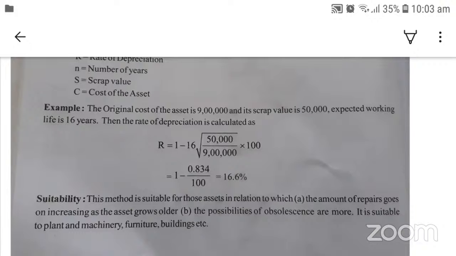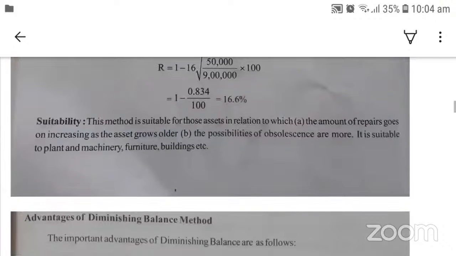Obsolescence means outdated: the asset becomes outdated because of new technology. It is suitable for plant and machinery, furniture, buildings, etc. These are the fixed assets.